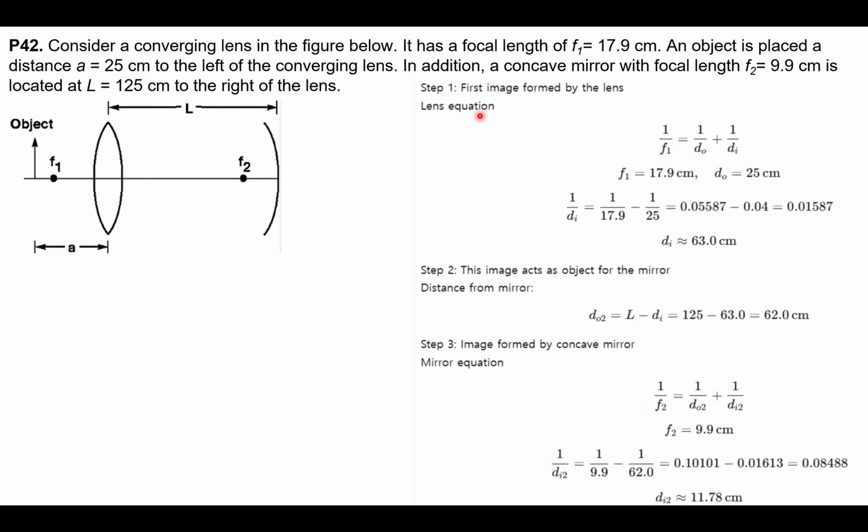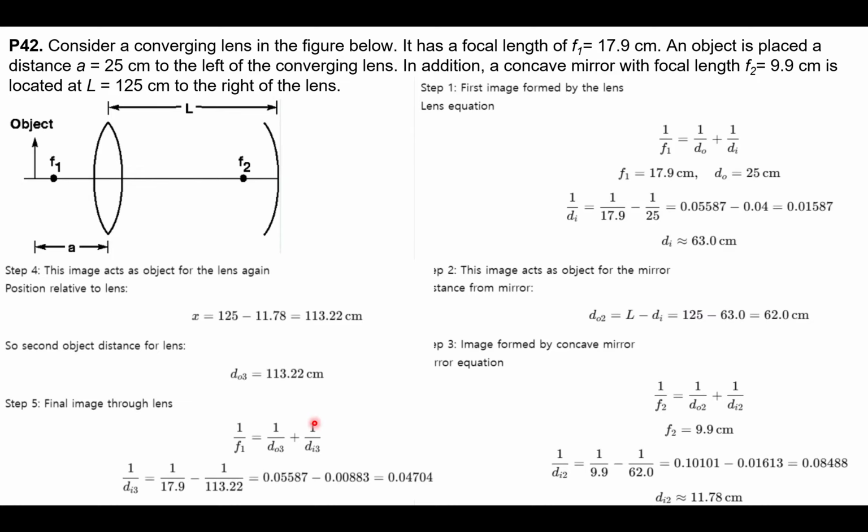So first you apply the lens equation to get the image location di, and di is somewhere here. Then you need to understand that this image serves as an object for this mirror, and the distance should be calculated from the mirror side to this second object. So you should have L minus di as the right distance.